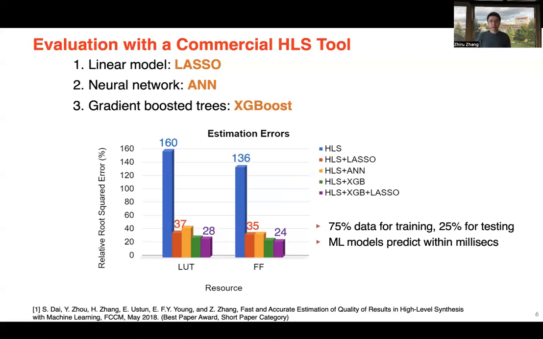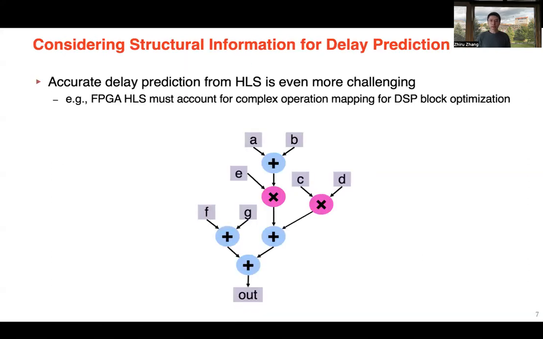But still, there are some limitations with this work, as we only use the features from the HLS synthesis report, which does not really include any structural information of the original HLS design, at least not explicitly. In fact, this structural information can be very, very useful, especially for delay prediction.